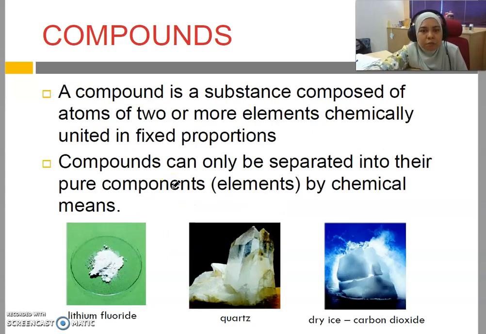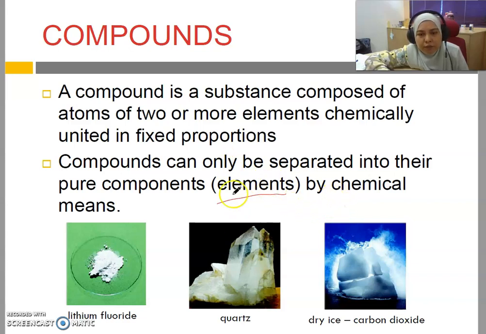Alright, compound. Compound definition adalah substance that composed of atom or 2 or more element chemically unite by in a fixed proportion. Okay, ini adalah bentuk-bentuk compound. Okay, compound can only be separated into their pure component or element by chemical means. Okay, you boleh separate this compound into pure.